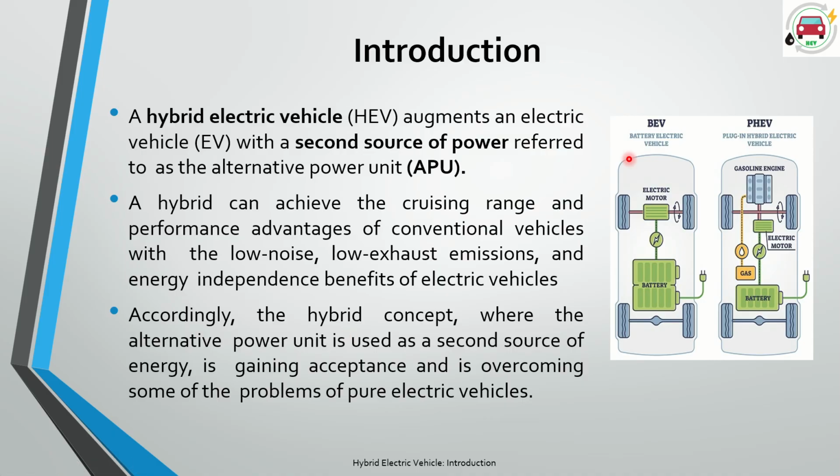In this picture, you might be seeing in the first picture the top view of a vehicle. Here we can see a battery electric vehicle, which has a battery as the main source of power. Anything in the world needs power to move or to do some work.